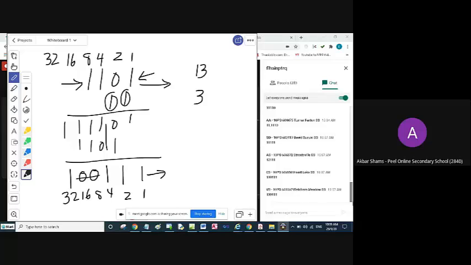Forget about these two zeros, so I get 32 plus 4 is 36 plus 2 is 38 plus 1 is 39. And 13 times 3 gives you 39. So our multiplication is correct.